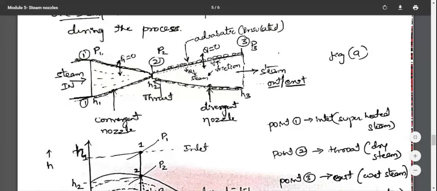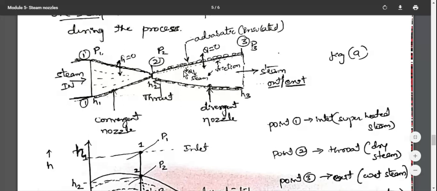You have restricted the flow of heat from the system to the surroundings. You have insulated, so that heat will be added to the steam itself. Whatever steam is coming from the throat section is dry steam.